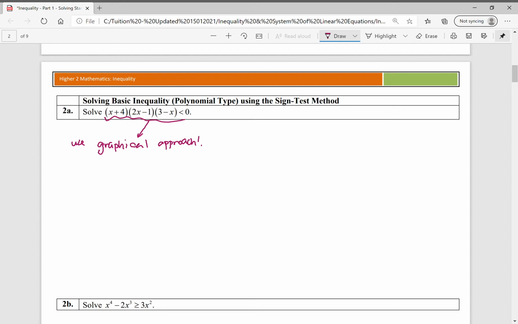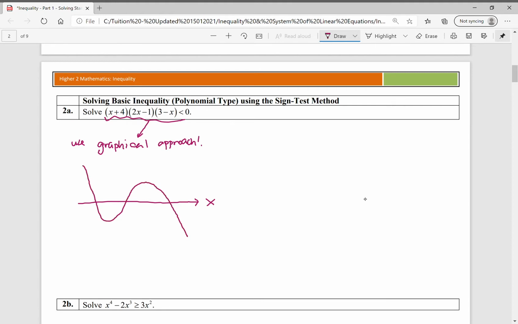So let's just use a graphing calculator approach. I'm not going to run through it here. You press it and the graphing calculator will tell you that the shape of the graph is going to look something like this.